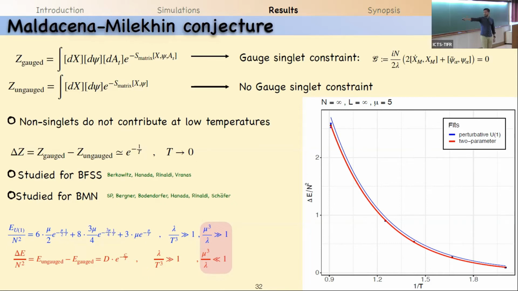And what you see here is that the conjecture by Maldacena and Milekhin approaches the perturbative U(1) sector, but remember that this red line here is non-perturbative. So here, the power of the non-perturbative phenomena is revealed. Thank you.